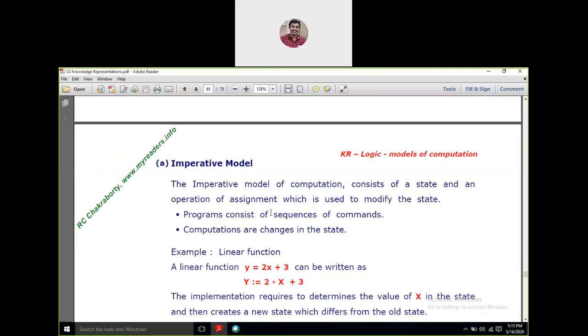Then you do have the programming paradigms. We have got three programming paradigms, the models of computation. Then you have the imperative models. Imperative models are the models of computation which consist of a state and an operation of assignment. This is the imperative model. We do have a functional model also.